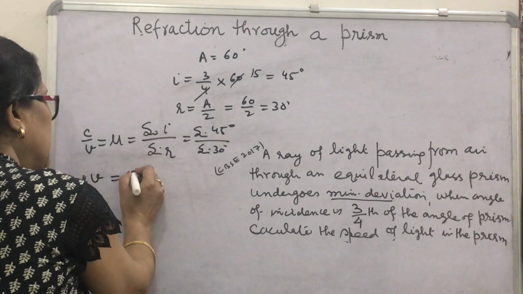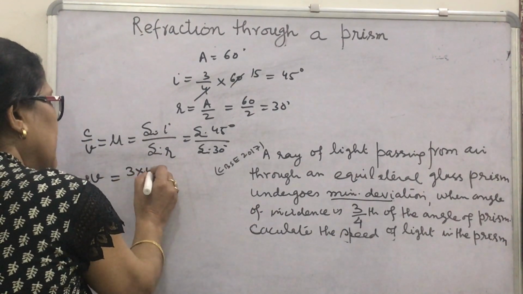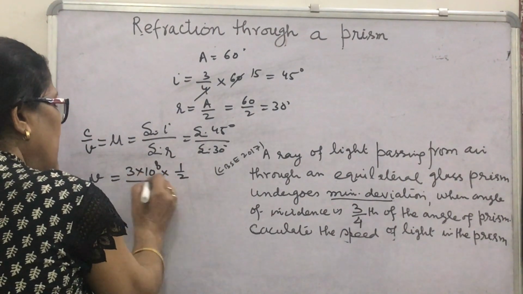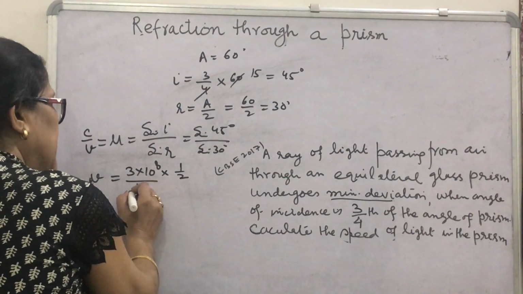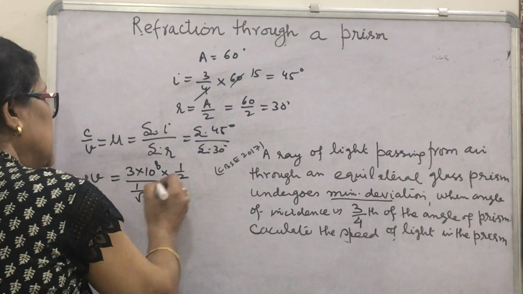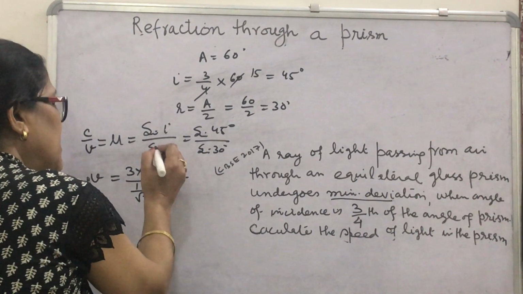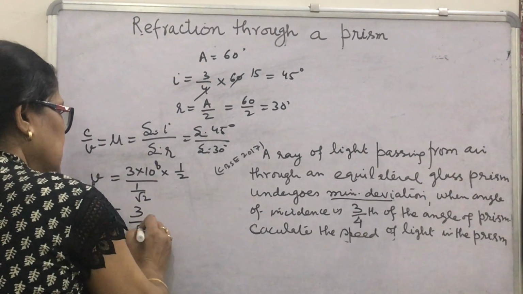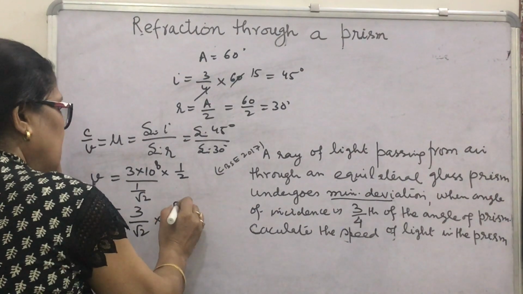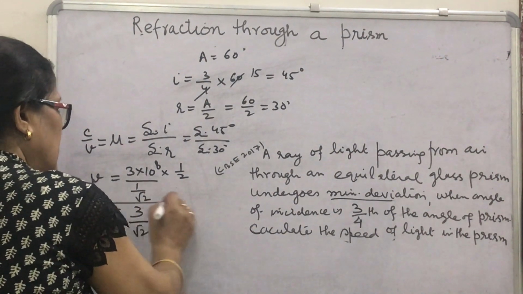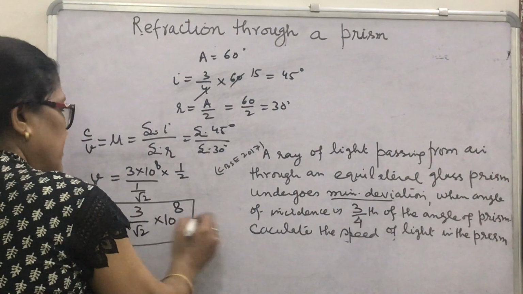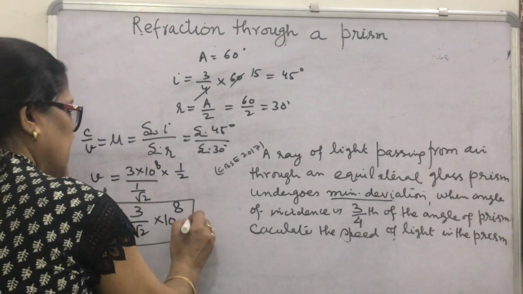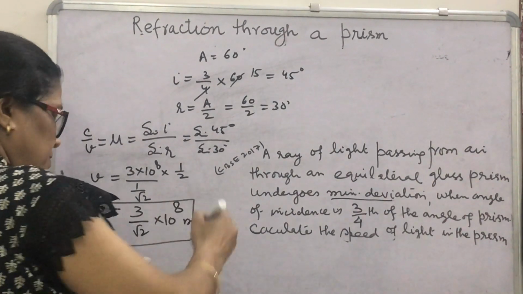V will be equal to c, that is 3 into 10 to the power 8, into sin 30, that is half, upon sin 45, that is 1 by root 2. So in this way you find the speed of light in the medium of the prism: v is 3 by root 2 into 10 to the power 8 meter per second.